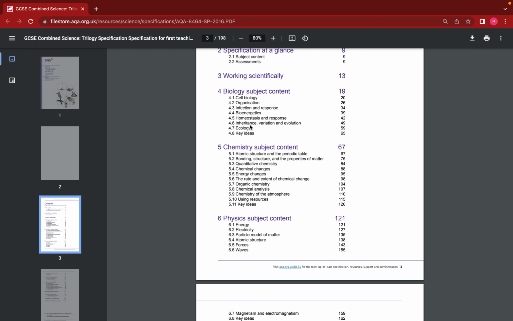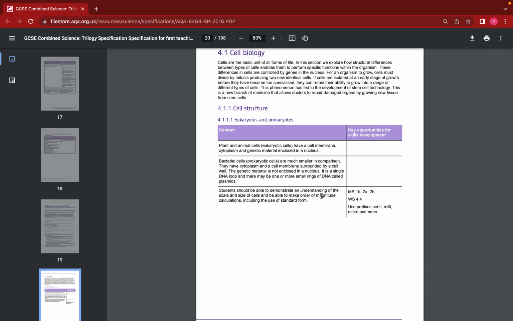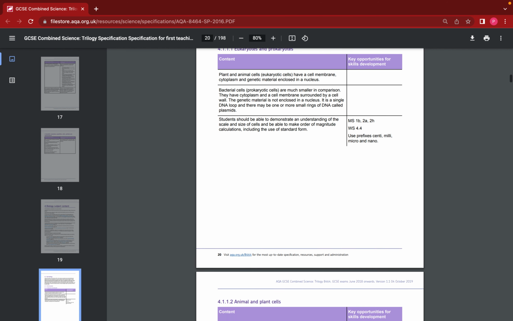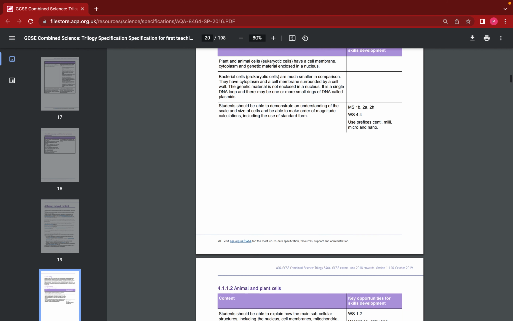So for instance, if you were looking at cell biology, and cell biology was causing you some consternation, then you could go and have a look at exactly the content as it's laid out here, so that you can make sure that you have an understanding of that content.